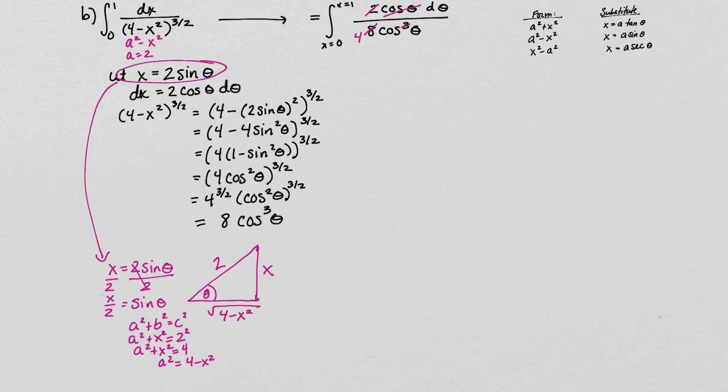This cosine is going to cancel one of those cosines and leave me with 2 of them. So I'm going to have the integral from x equals 0 to x equals 1 of d theta over, and I'm going to pull this 1/4 out in front just so it doesn't get in our way here, over cosine squared theta. Questions about anything I've done so far?